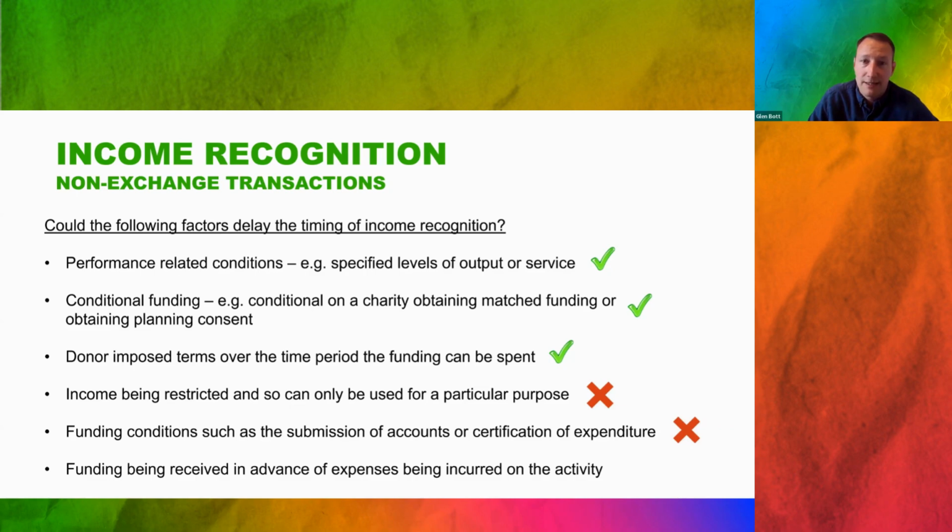That's incorrect. If there's no performance-related conditions in the funding, you can recognise it fully once it becomes received or receivable, and then it would be carried forward as a fund to then be spent out of in the following year, but you would recognise that income. So that one would not impact on the timing of income recognition.